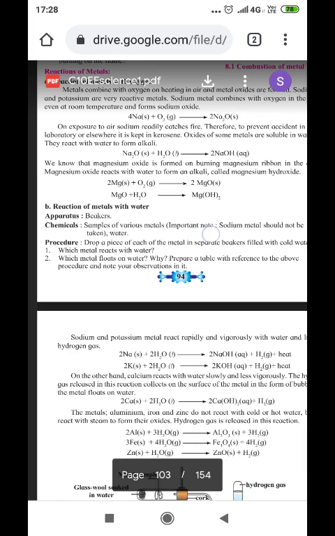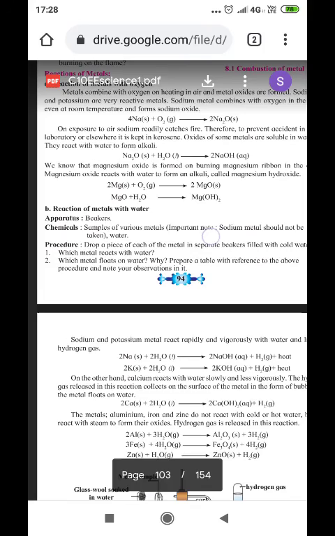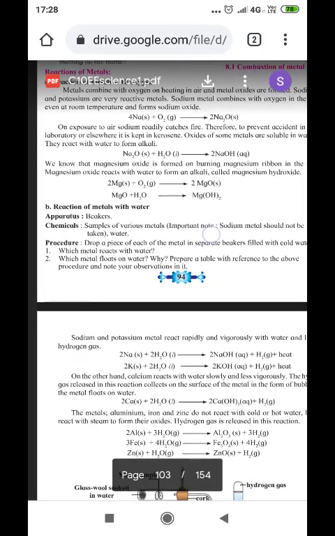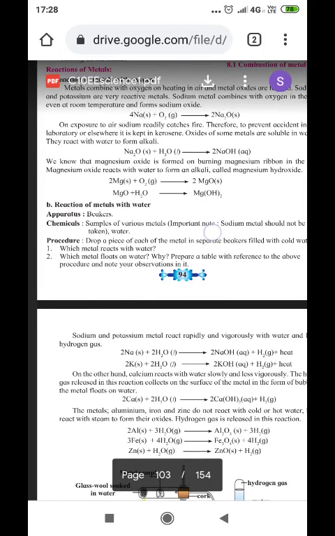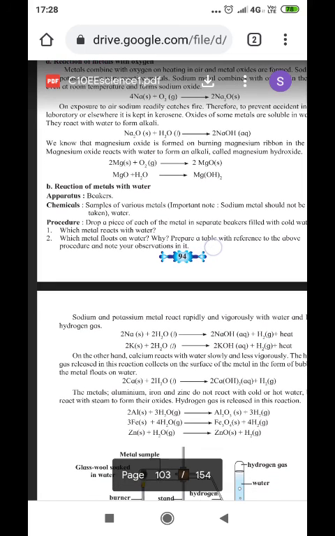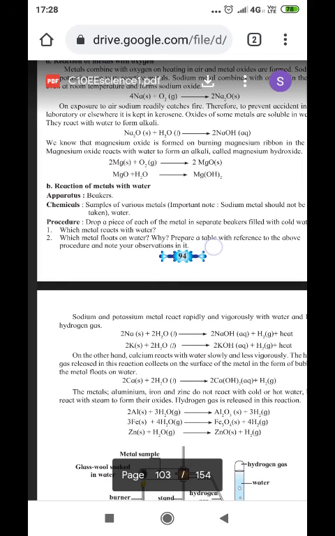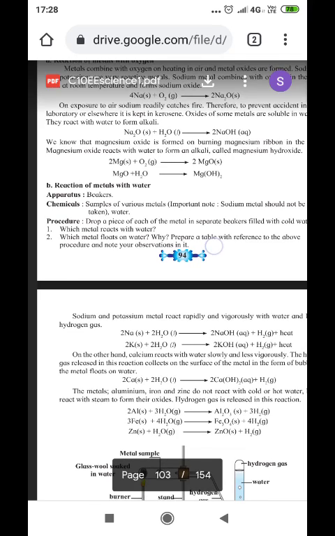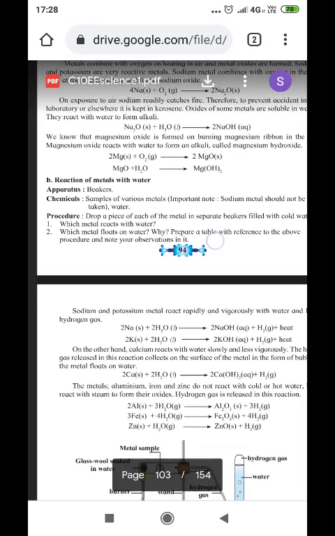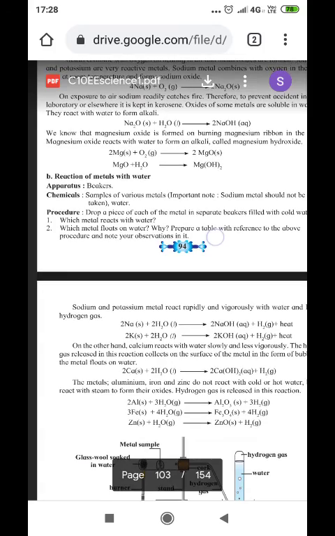It is highly reactive and highly combustible also. If it comes in contact with water or moisture, it will catch fire, and therefore, in order to avoid accidents, sodium is kept inside the kerosene so that it will neither come in contact with air nor with water.